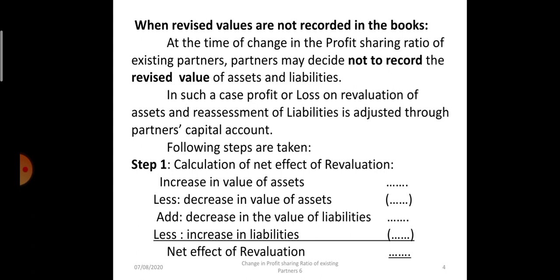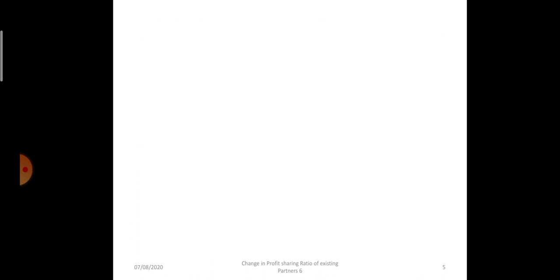So the net effect will be either profit or loss on revaluation. Then we will calculate the gaining ratio and sacrificing ratio. The formulas are very simple. In case of gaining ratio, it is new share minus old share, and in case of sacrificing ratio it is old share minus new share.